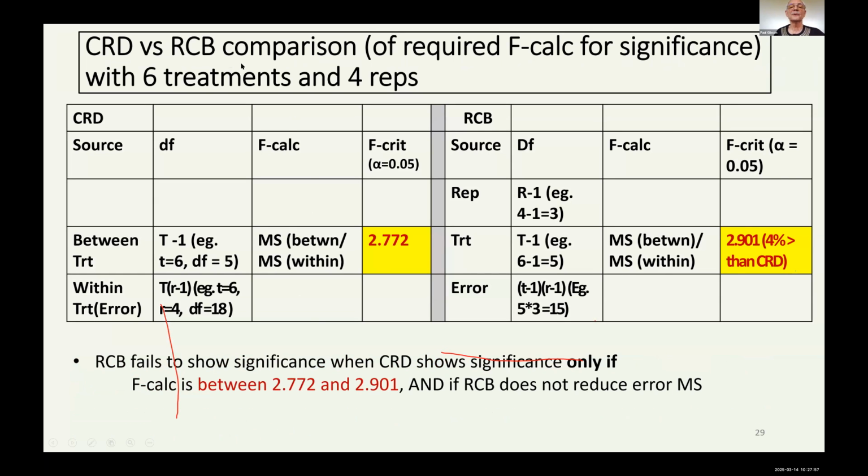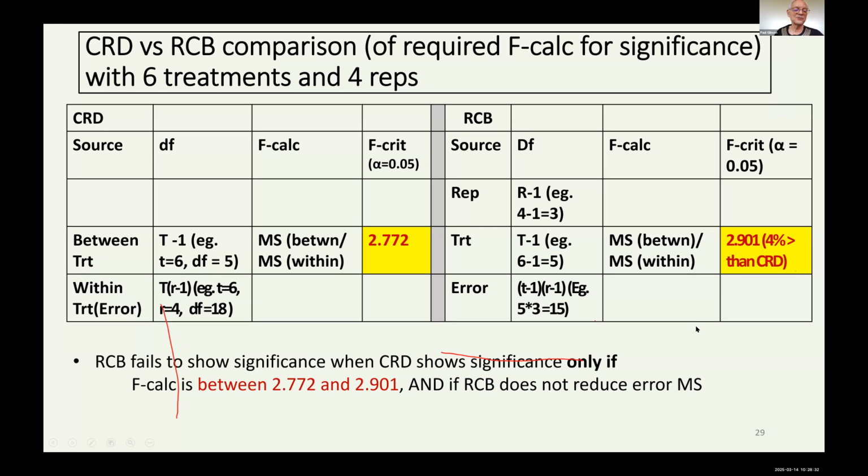First, I wanted to compare CRD and RCB. 6 treatments, 4 reps, and CRD between divided by within gives an F critical for significance of 2.77. If we move to RCB, we lose a little bit because of error degrees of freedom, but 2.90 is only 4% less than CRD.